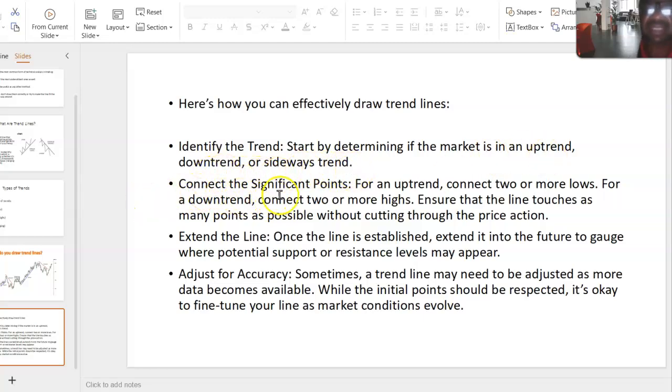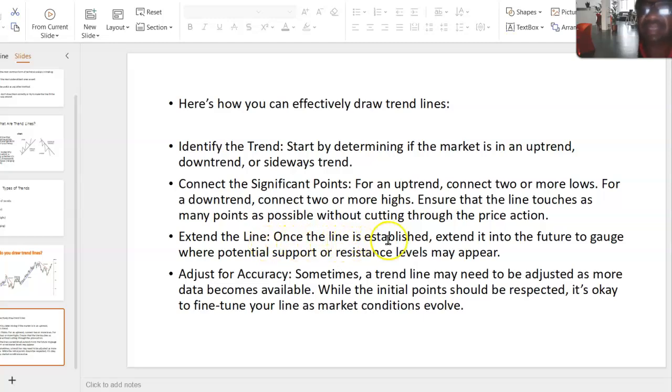Now connect the significant points. For an uptrend, connect two or more lows; for a downtrend, connect two or more highs. Ensure the line touches as many points as possible without cutting through the price action. Extend the line.